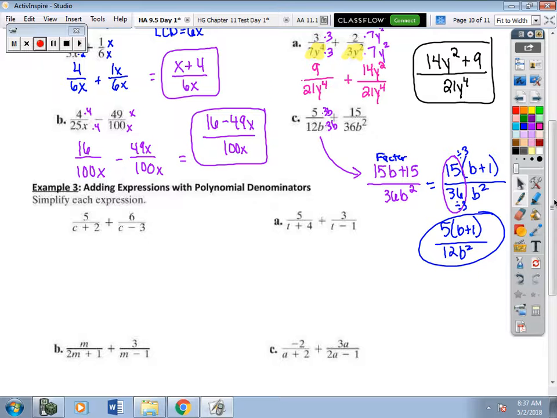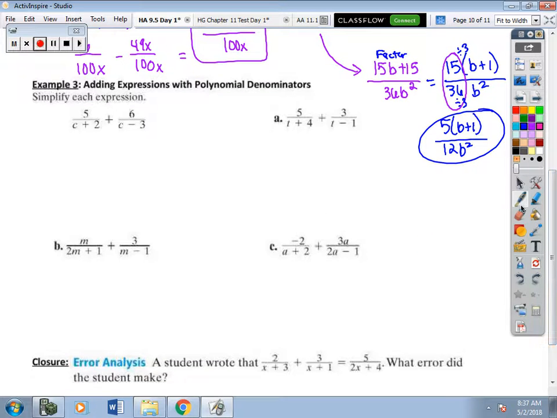All right, now the last ones, some of you will actually find these easier, have binomials in the denominator. Remember that these are actually grouped. All of these have imaginary parentheses around them. Now on your homework, look, because if they are the same binomial, you already have a common denominator and you can just add or subtract.